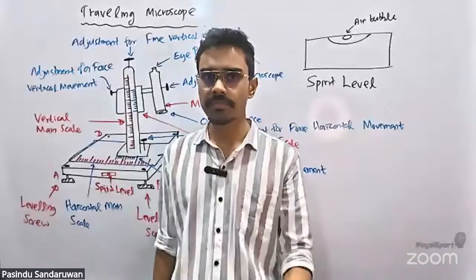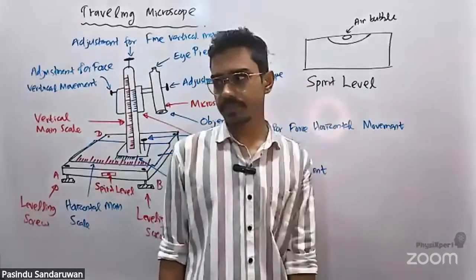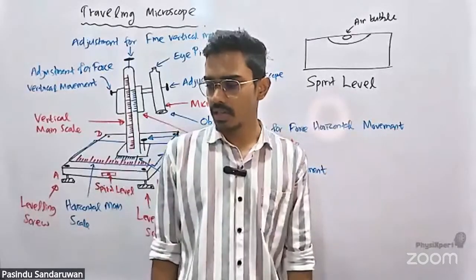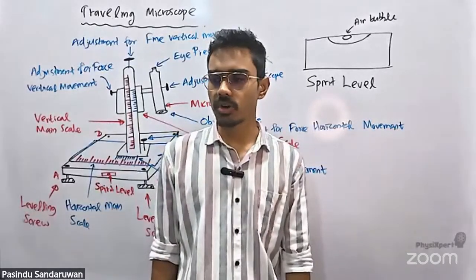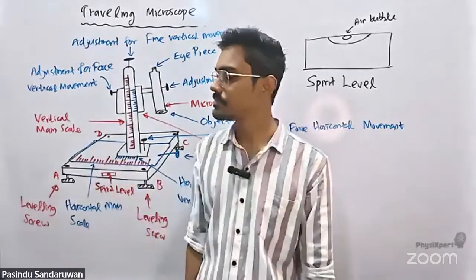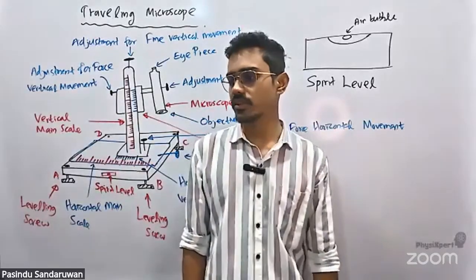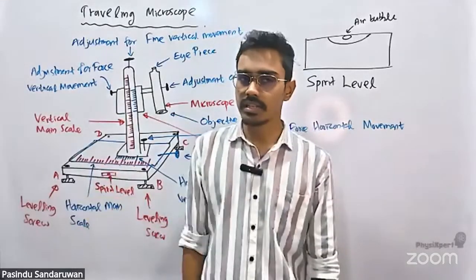In some, yes. That is not a mandatory part. Yes, you are correct. In some traveling microscopes, a small hand lens is attached here. In some instruments only, so therefore I haven't drawn it.